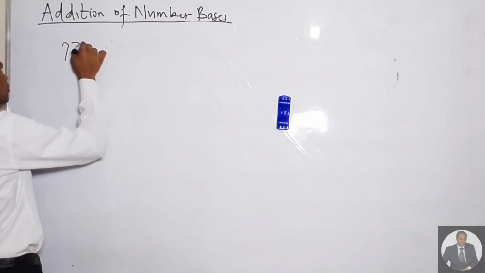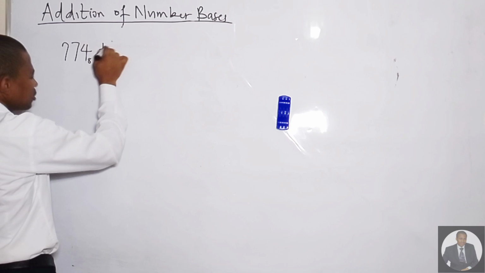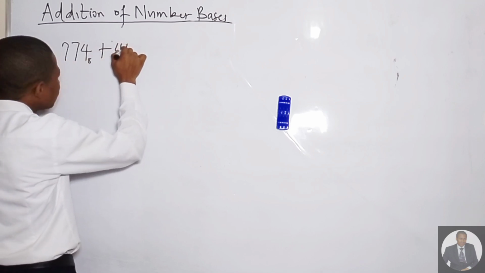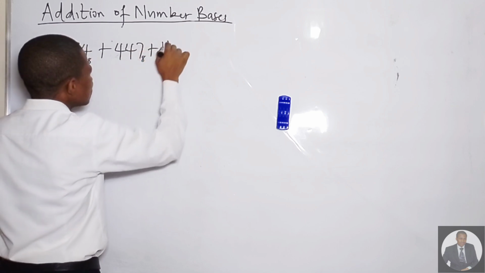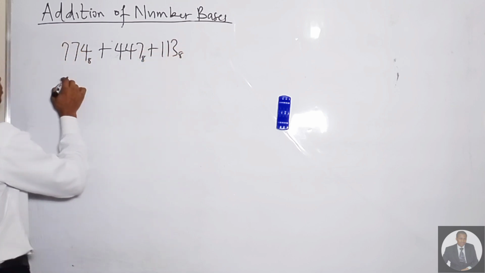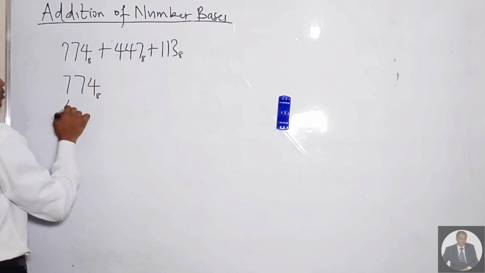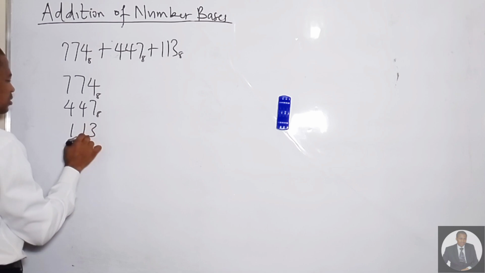774 base 8 plus 447 base 8 plus 113 base 8. So 774 base 8, 447 base 8, 113 base 8.